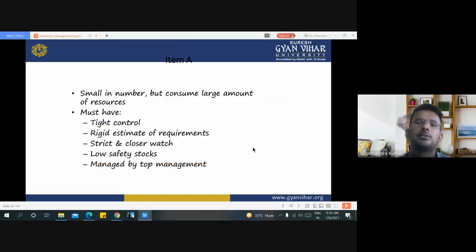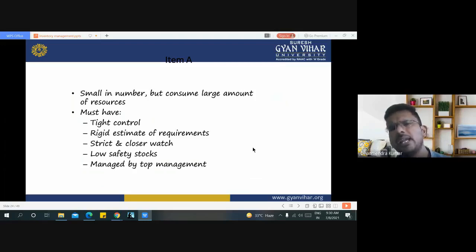Here is some description of item A: small in number but consuming a large amount of resources. It must have tight control, a rigid estimate of requirements, strict and close watch, low safety stock, and be managed by top management.